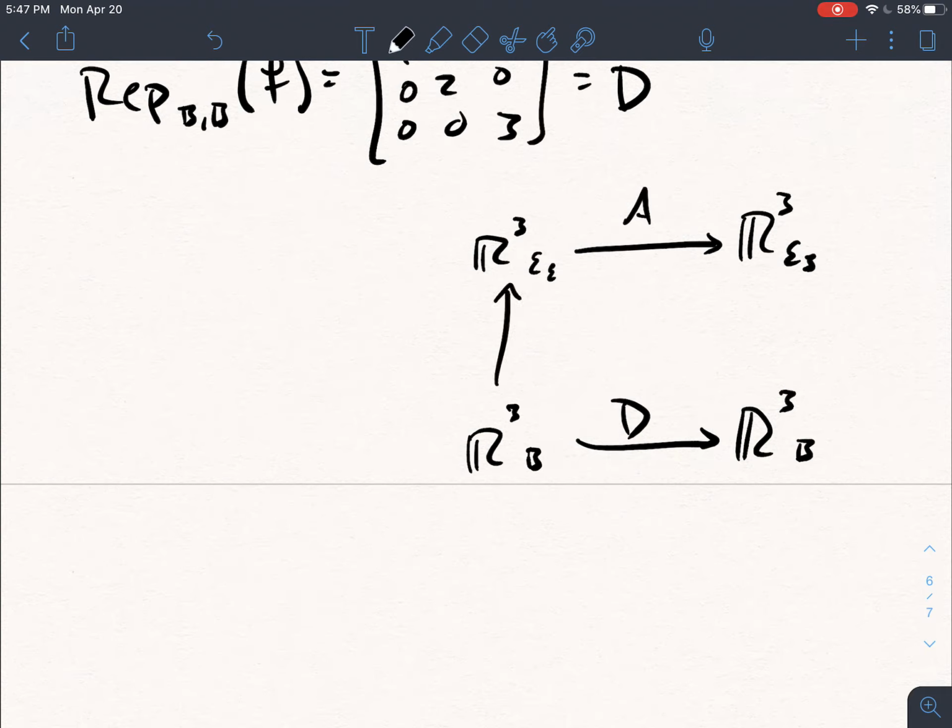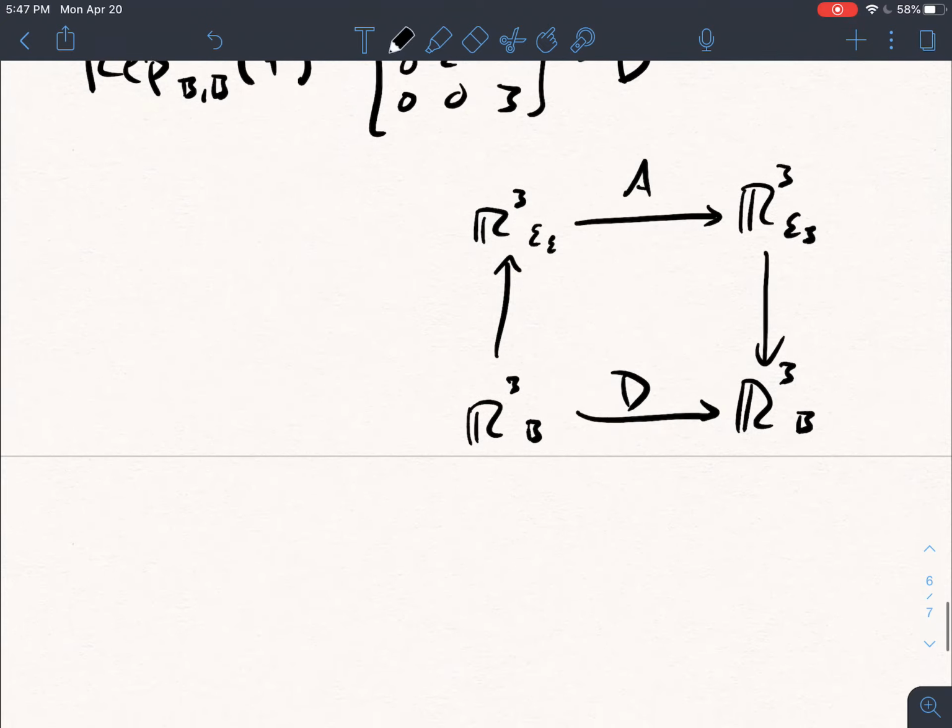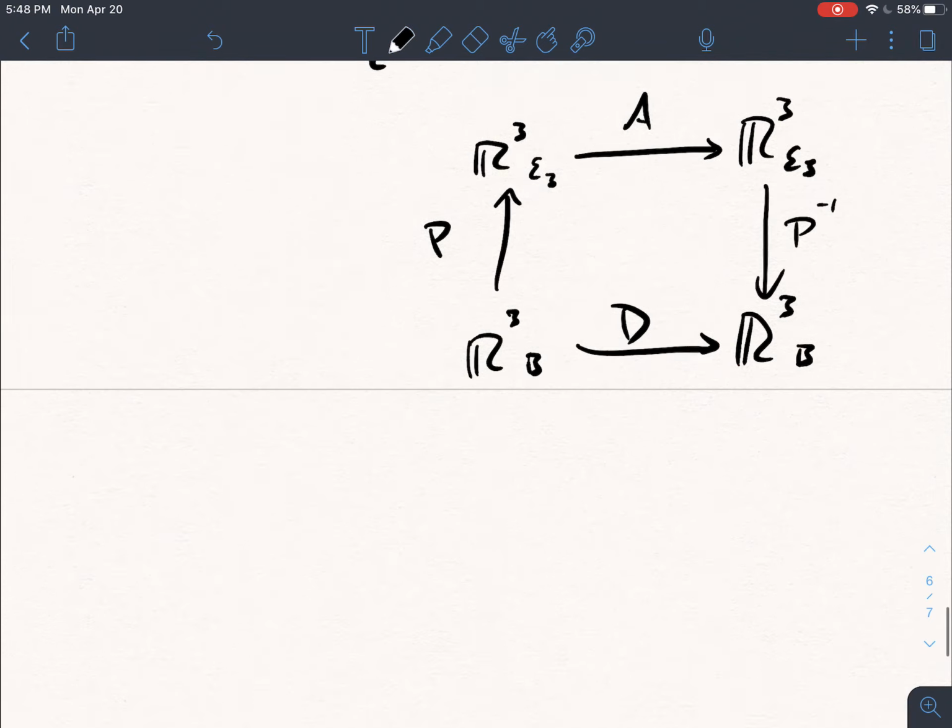Let's say that D is equal to a matrix times A times a matrix inverse. All right, so let's make this one our P, and this one will be our P inverse. I want this one to be our P because the standard basis, why is that?